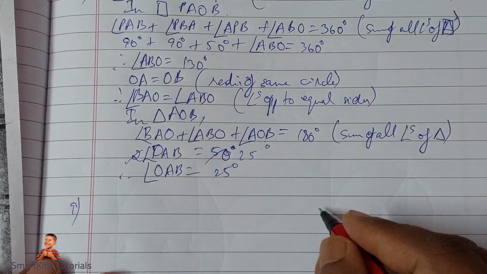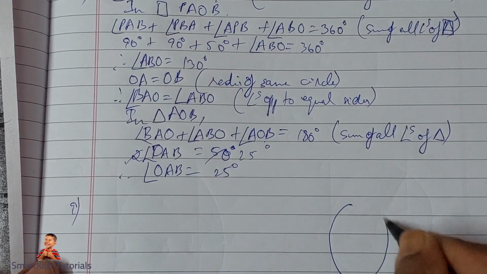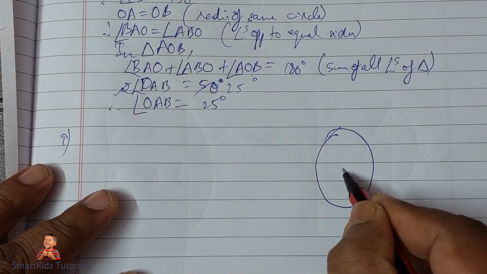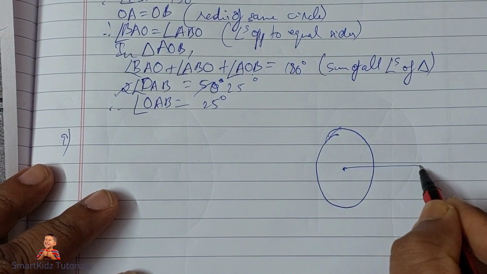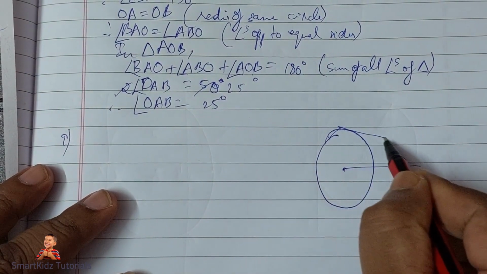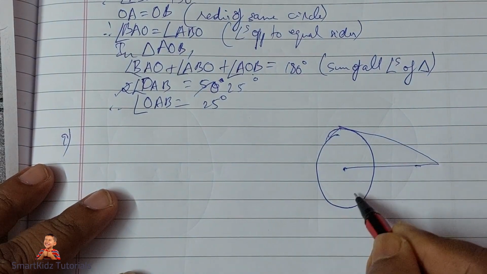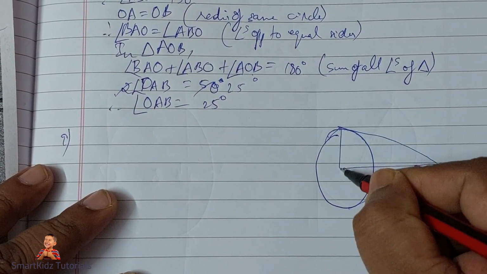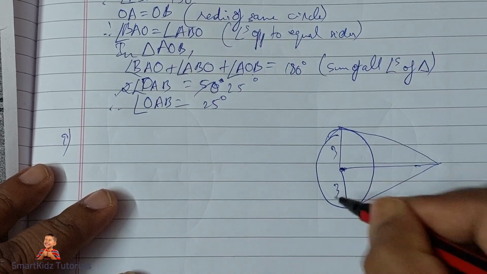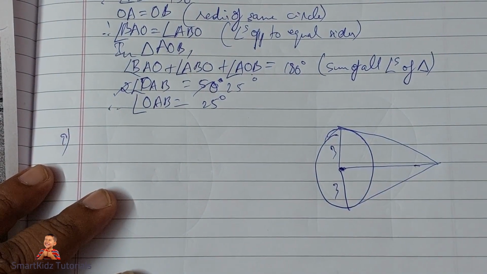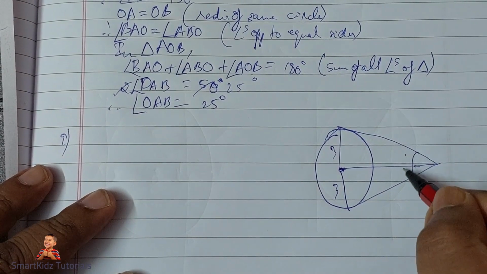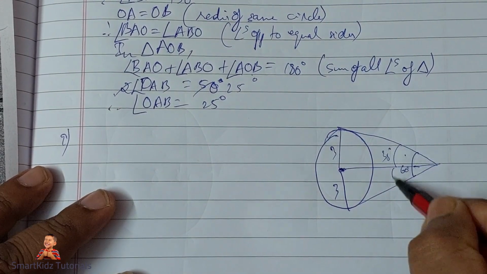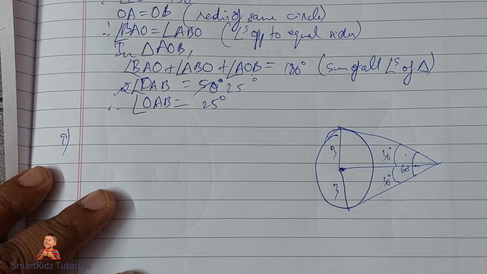If we draw a figure like this, with the center and the external point, the radius is 3, and we are told this whole angle is 60 degrees, so individually it is 30 degrees.